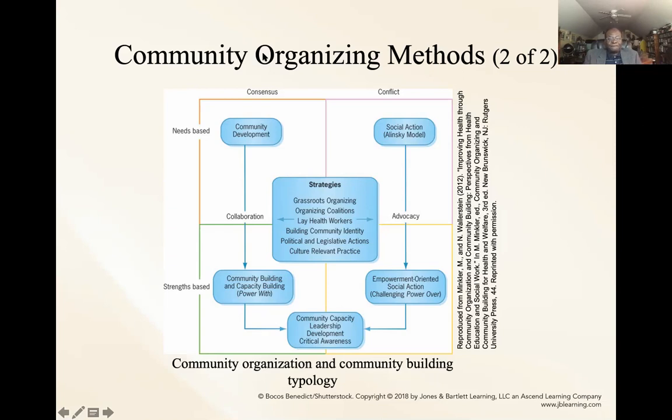Then you go down from coalition building, and now you start building community and capacity building. Power with, now you have power with everybody within the community. Start with coalitions, then you result in community building, capacity building.